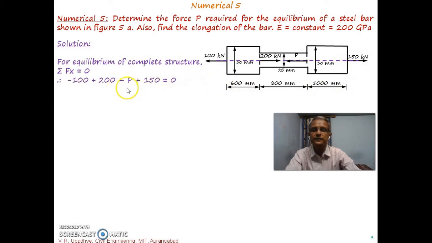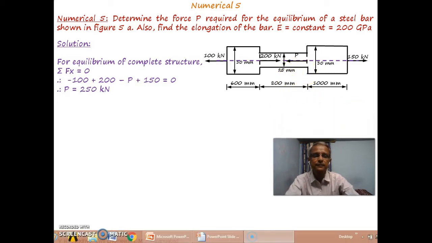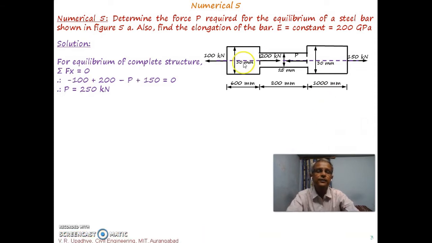So with this equation we can calculate the value of P force for equilibrium. So P comes out to be 250 kilonewton. So if this is the force applied over there for equilibrium, then what we need to do again is consider each segment separately, and for each segment again consider the equilibrium of that particular part.